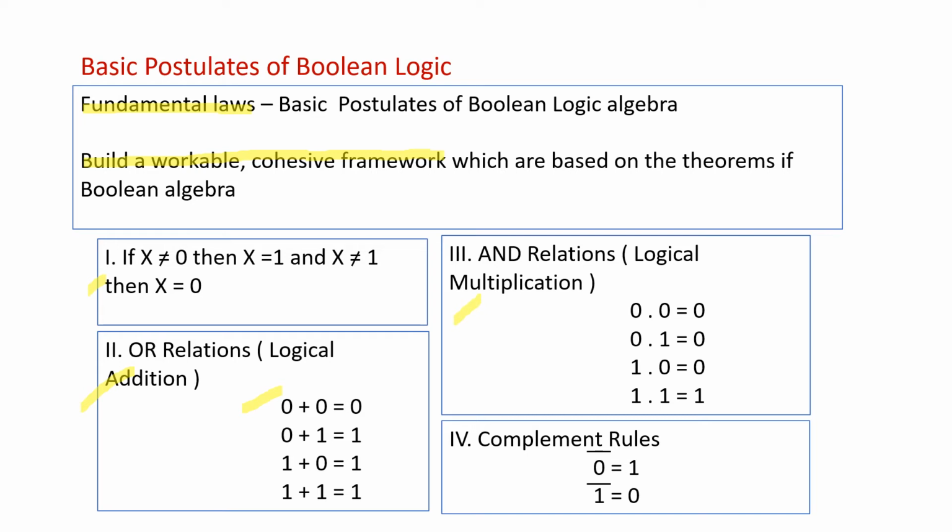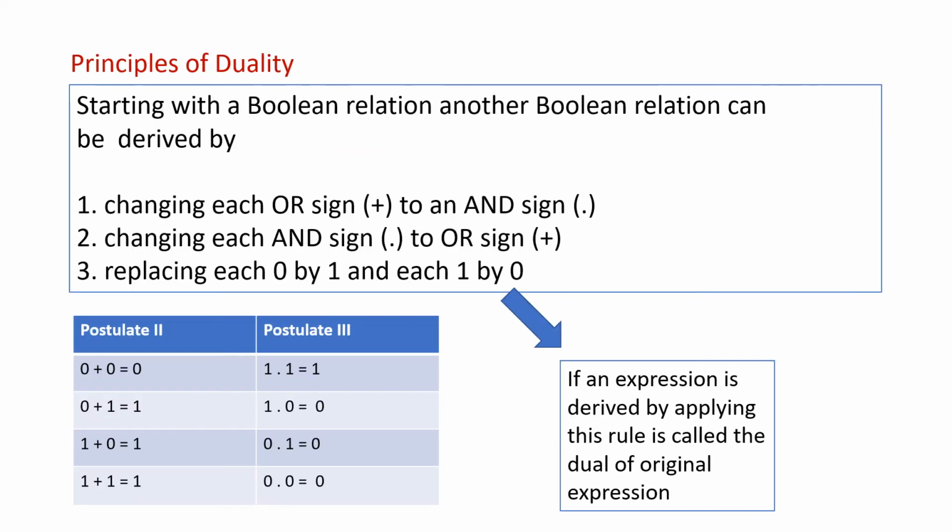It states that 0 and 0 is equal to 0, 0 and 1 is 0, 1 and 0 is 0, and 1 and 1 is equal to 1. And the fourth postulate is the complement rule, and the complement of 0 is 1 and the complement of 1 is 0.